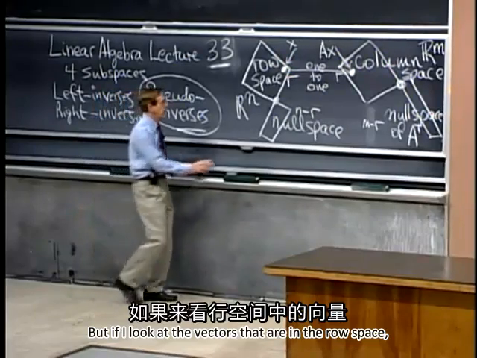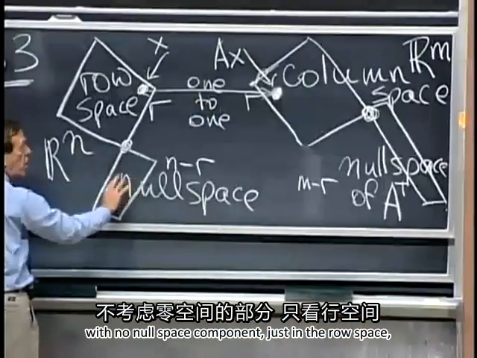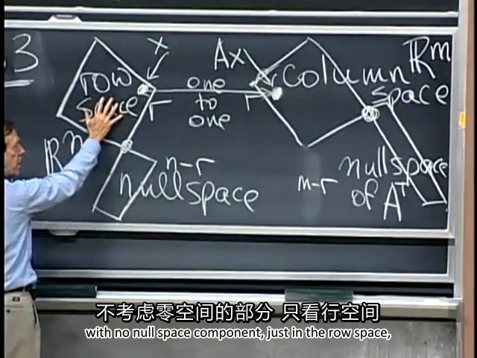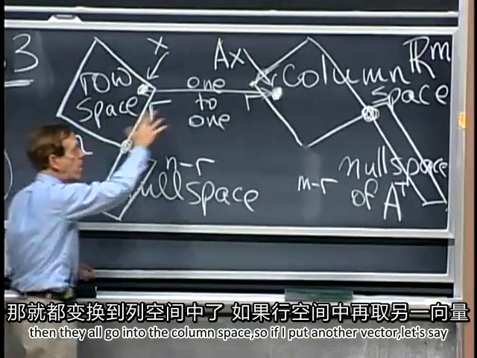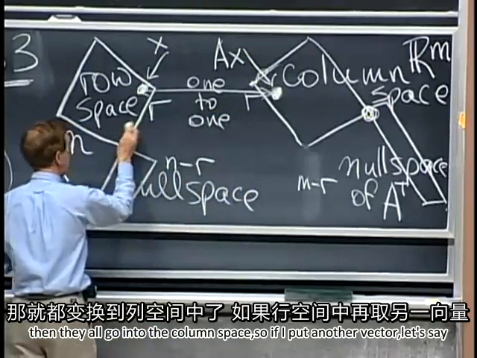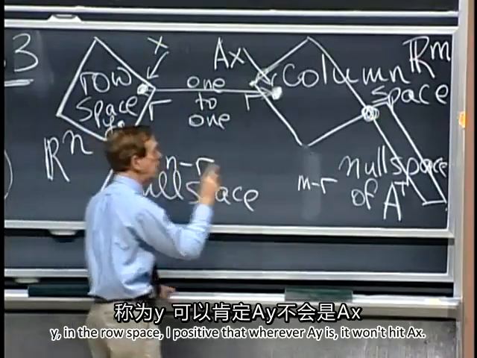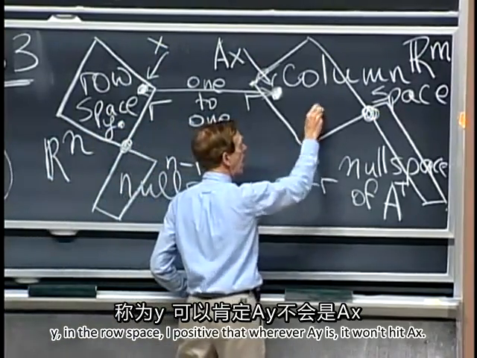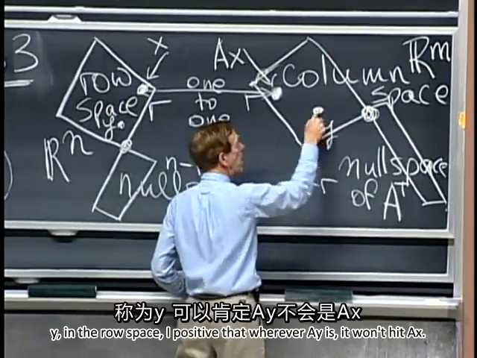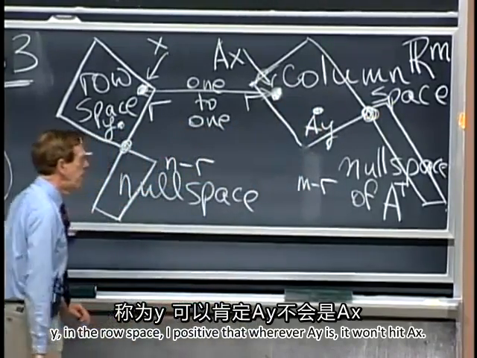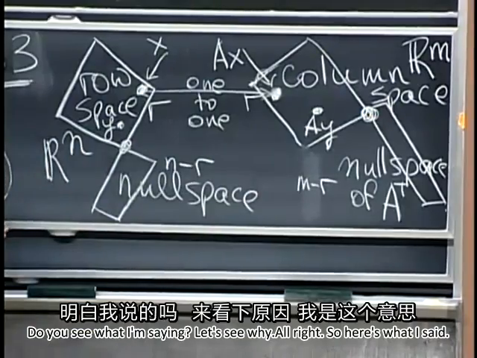But if I look at the vectors that are just in the row space, with no null space component, then they all go into the column space. So if I put another vector, let's say y, in the row space, I am positive that wherever Ay is, it won't hit Ax. You see what I'm saying?